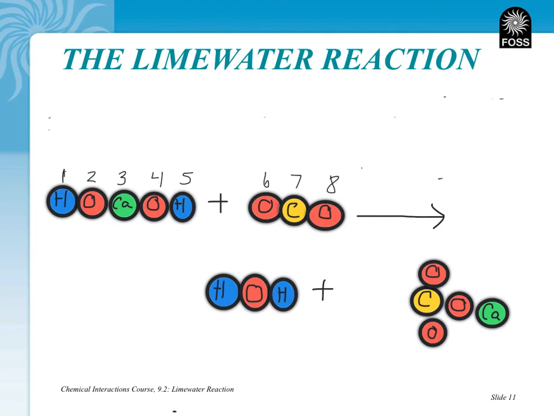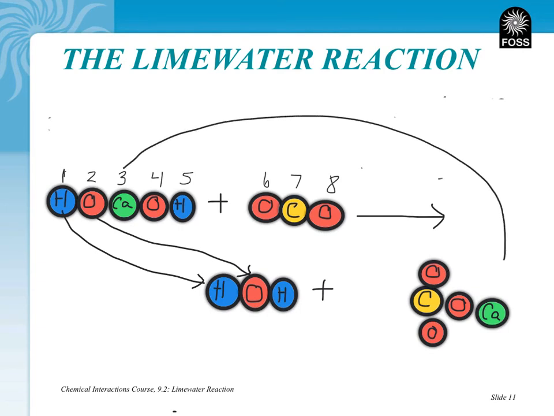But once a chemical reaction is started, those bonds are broken to create new substances within the solution. For example, this hydrogen here will now become part of water. And this oxygen here will also become part of water on the product side. And this calcium, number 3 atom, will be part of chalk now, no longer part of limewater.